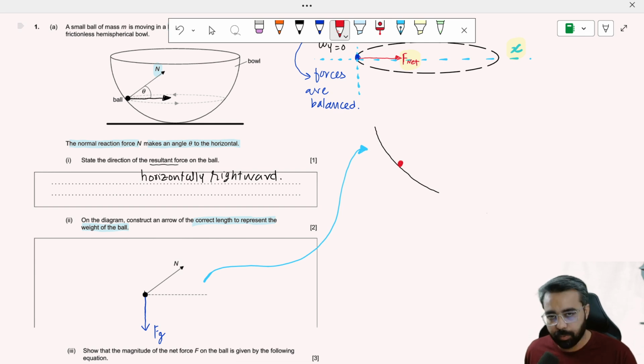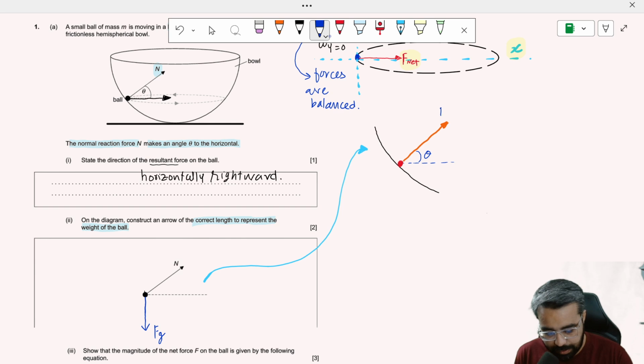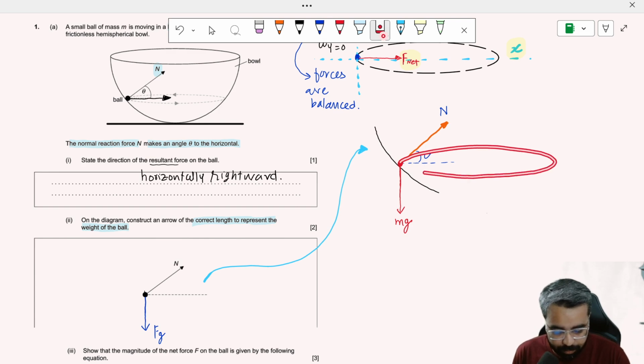The bowl surface is pushing the ball normally, at 90 degrees from the surface, but it's making an angle theta with the horizontal. This is the normal force, but at the same time there's another force that is vertically downward, that is mg.